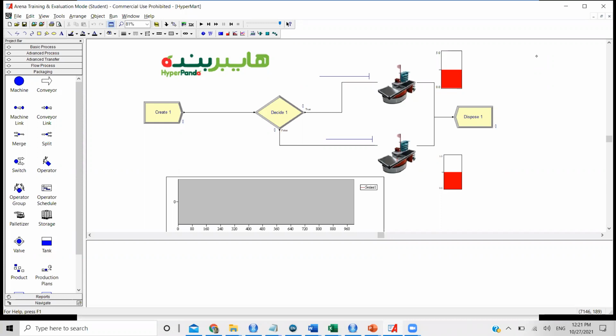It does not say that you cannot use this part or that part. You can use everything. The only restriction is, if your model becomes bigger than a certain size, it does not allow you to save it. You can even create it, but you cannot save it, and you cannot run it.